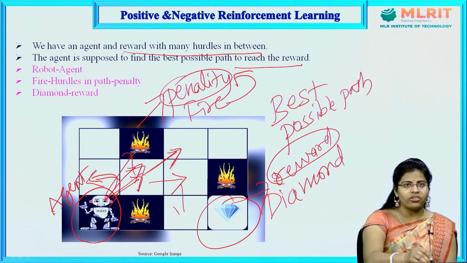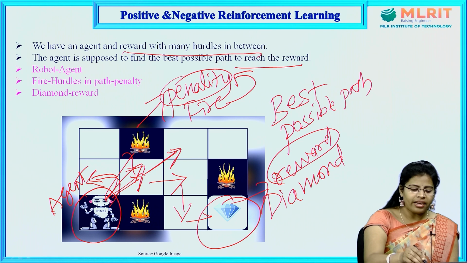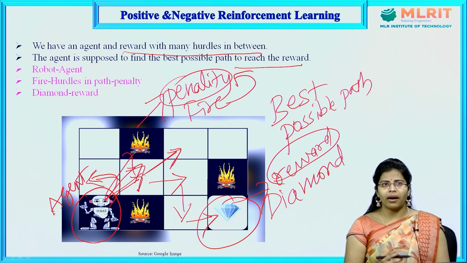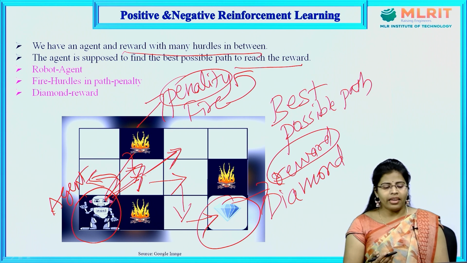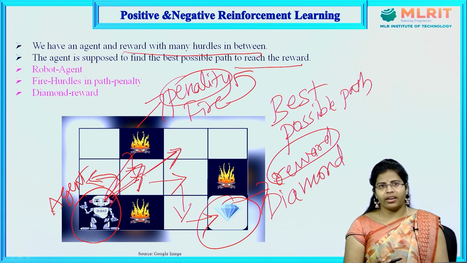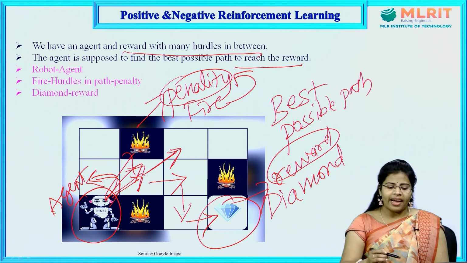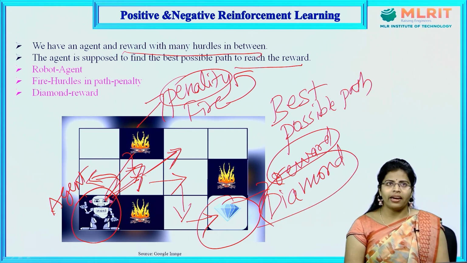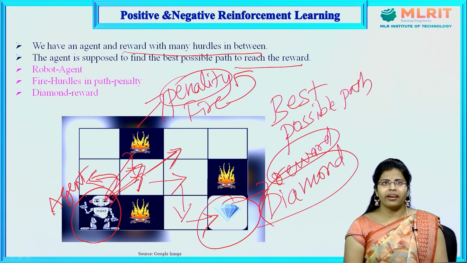Then he selects this path, and finally he reaches the destination by selecting the best possible path without crossing the fire hurdles. Then the overall rewards will be counted, and based on that he gets the highest scores and highest rewards, finally reaching the destination, the diamond, on a trial and error basis. That is nothing but reinforcement learning.